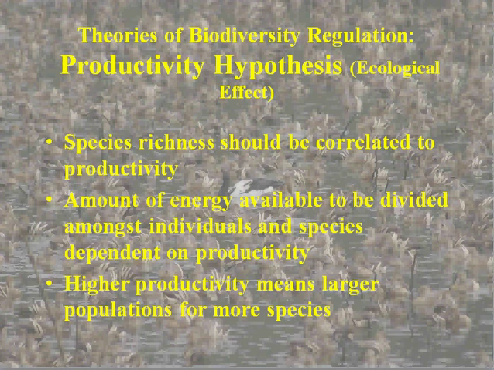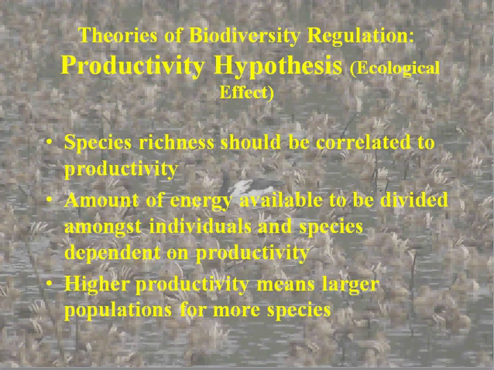In other words, the higher the primary productivity of an ecosystem, the greater the numbers of species. And it is argued that if you have a larger amount of energy, that amount of energy can be shared out amongst a larger number of individuals.